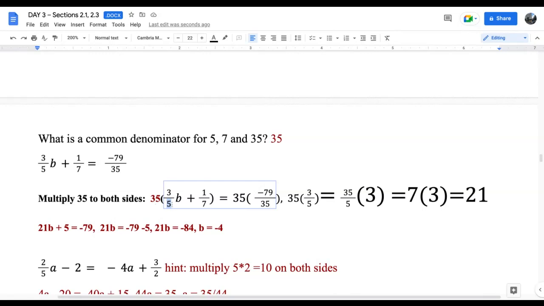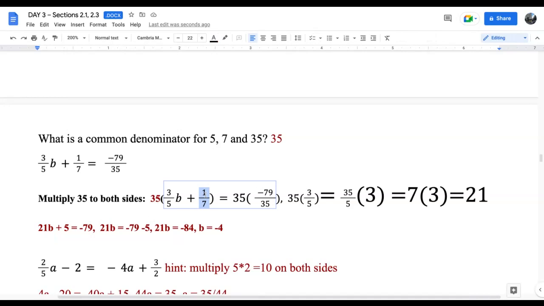So we do 35 divided by 5, that's 7. 7 times 3, that's 21. Okay? So that's the calculation. When we do 35 times 3/5, because 35 is also a numerator, we could think of 35 divided by 5, right? Then multiply by 3. 35 divided by 5 is 7. 7 times 3, that's 21. So we get 21b for the first term.